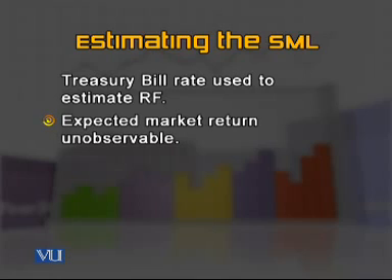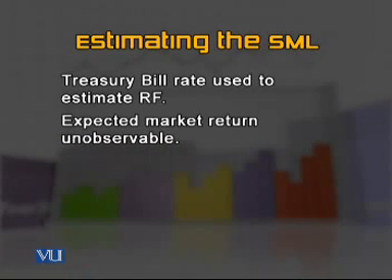Also, expected market return, once again, we've talked about it a number of times. When the word expected comes, it's about uncertainty. When the word expected comes, it's about being unobservable. When we're talking about expected, we're talking about the future, and the future is unobservable, and the future is not to be taken lightly because we don't know anything about it.